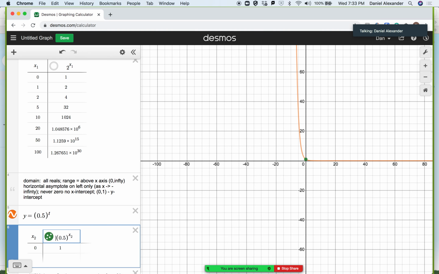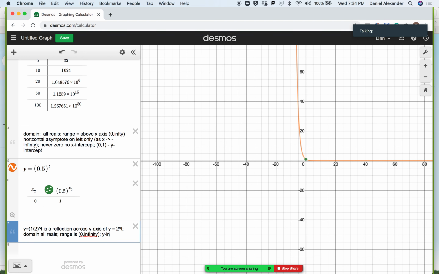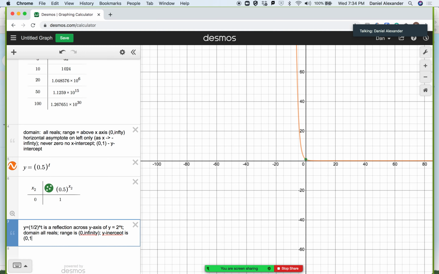You see over here, I get 1. So again, the y-intercept is (0, 1). And there's no 0 for y, so there's no x-intercept.